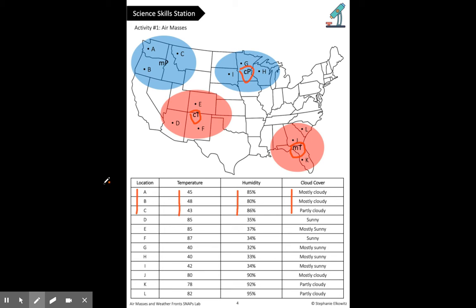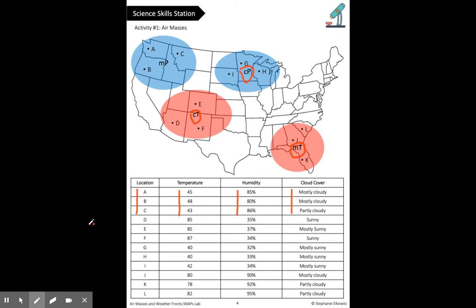So for A, B, and C, this maritime polar air mass has cold temperature because it's polar. Humidity's high because it's maritime. It formed over water, so it collected all that water as it formed. And a maritime polar air mass is going to cause cloudy or partly cloudy weather. So that would be A, B, and C.